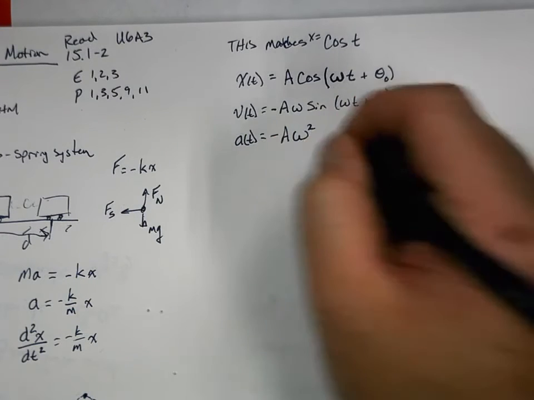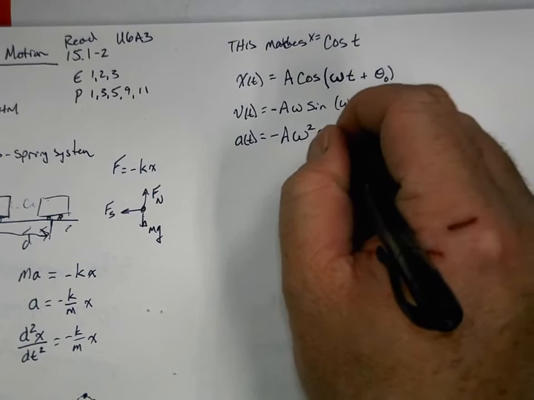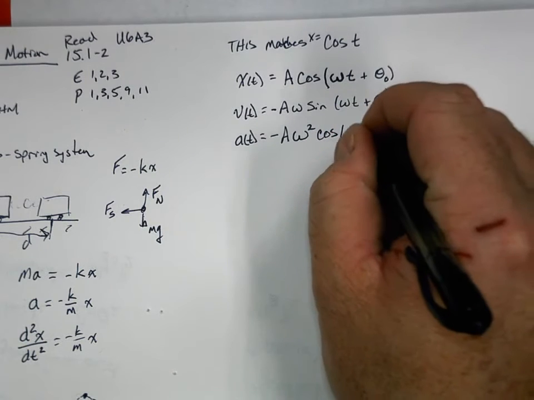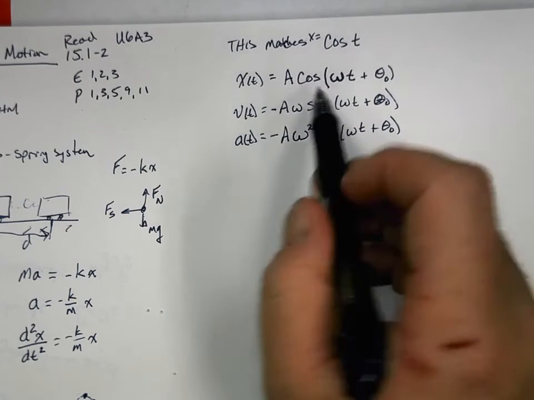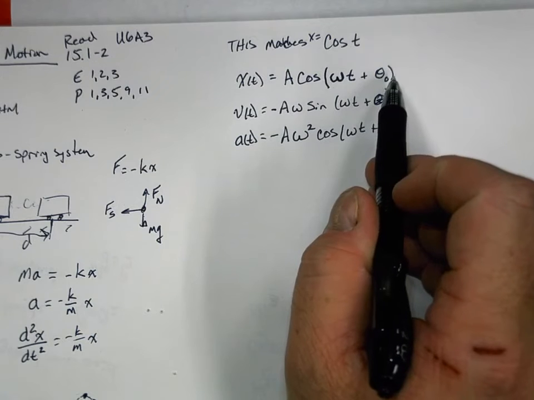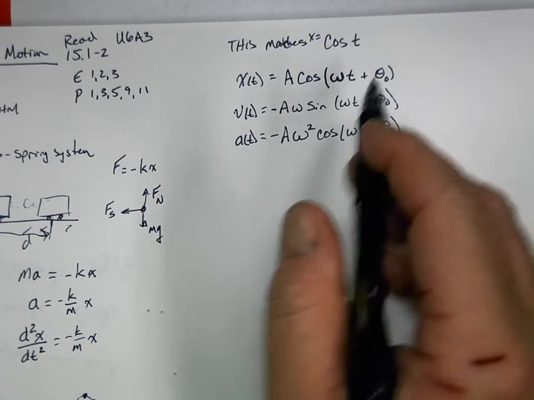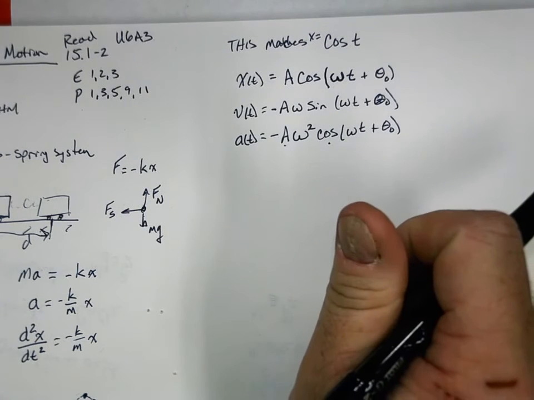Then cosine omega t plus theta naught. But look at this, A cosine omega t plus theta naught is the same as x of t.